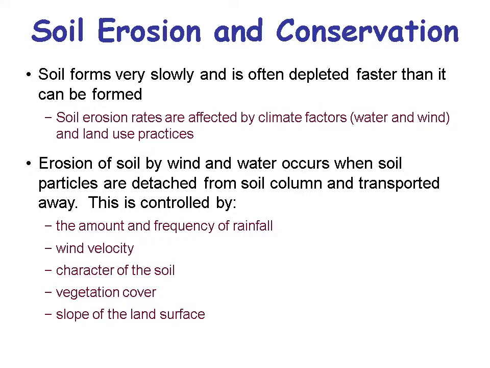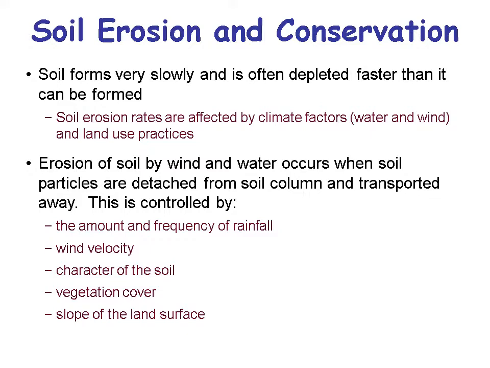And the character of soil. If there's lots of sand in it, it'll blow away quicker. If you remove the vegetation cover, the water and wind can blow that soil or move that soil out quicker. And if you got hills, the water runs down faster downhill, so it carries the soil away. At one time, farmers planted their rows up and downhill because it was easier to plow that way.